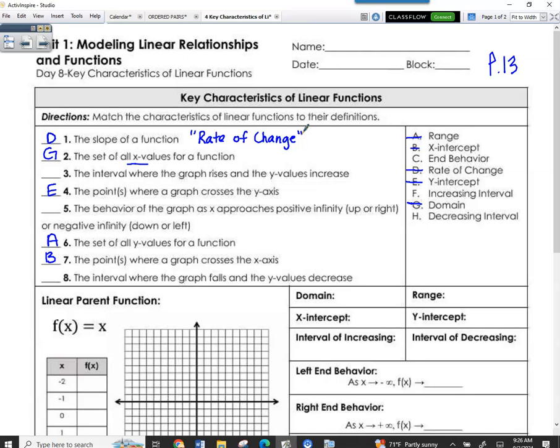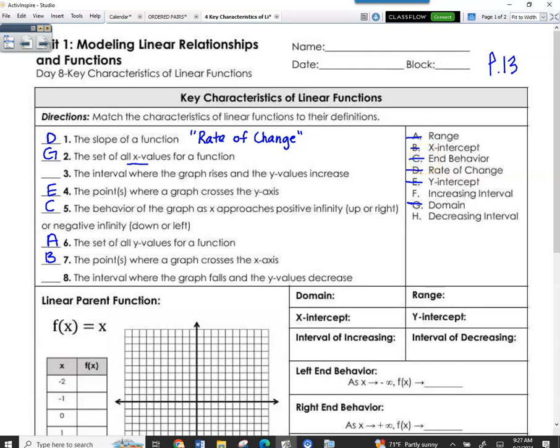End behavior must go with the definition that discusses behavior. So now let's read it. End behavior is the behavior of the graph as x approaches to the right or up, and then as y approaches to the left or down.